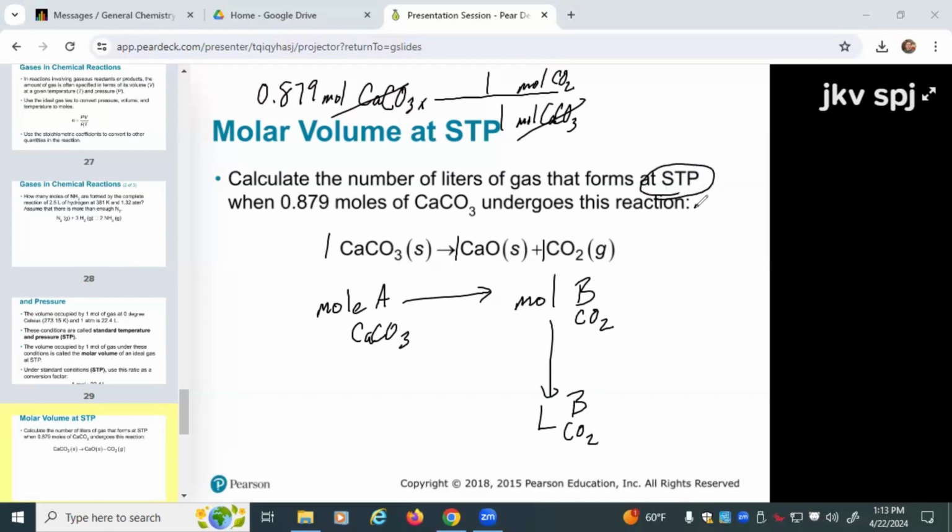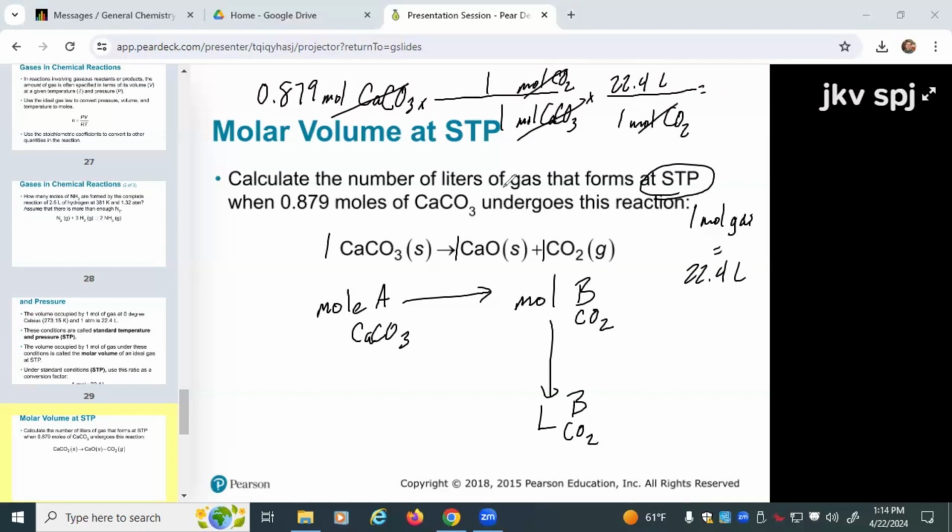Since I'm at STP, 1 mole of gas is equal to 22.4 liters. Carbon dioxide is a gas. So 1 mole of carbon dioxide would be 22.4 liters. My moles of carbon dioxide cancel.